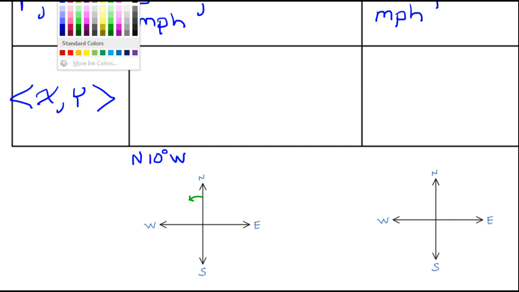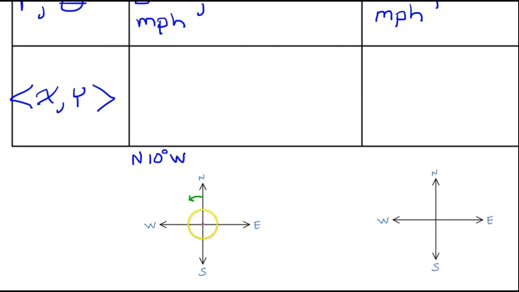So if we do that, the vector will be in this position, where this angle is 10 degrees. So we need to convert this to an angle that is measured from the positive x-axis like this.